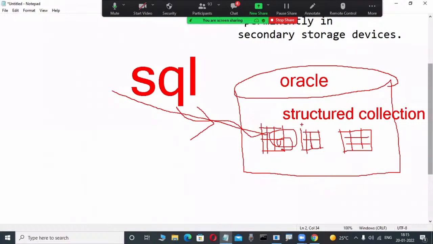But MongoDB and those types of databases are different. There is no SQL there; it uses JavaScript-like languages. But SQL is one separate language through which we operate data in these types of databases.